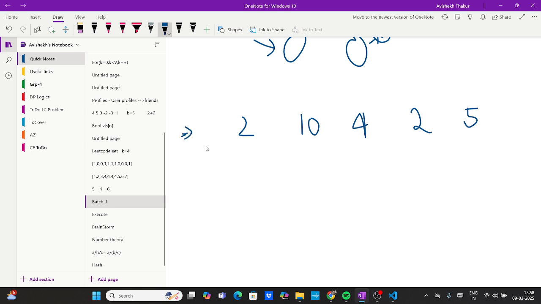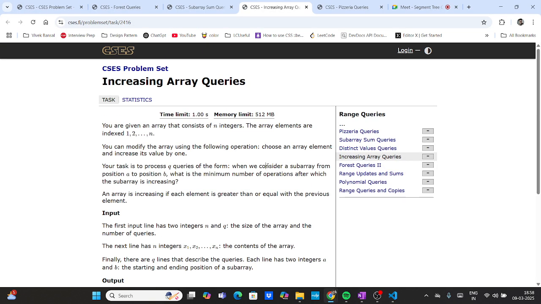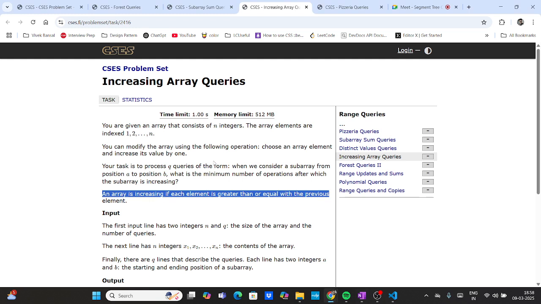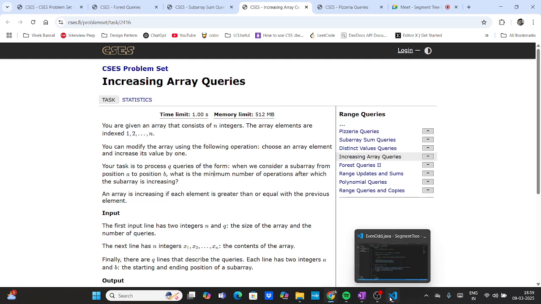What you need to do is make this array non-decreasing. An array is increasing if each element is greater than or equal to the previous element. So given an array, you can take any number and increase it by plus one, plus one, plus one. You should tell the minimum number of operations required to make this array increasing. So this is a little harder variation, harder in the sense that they are giving you queries, while I am telling you for the entire array. Okay.